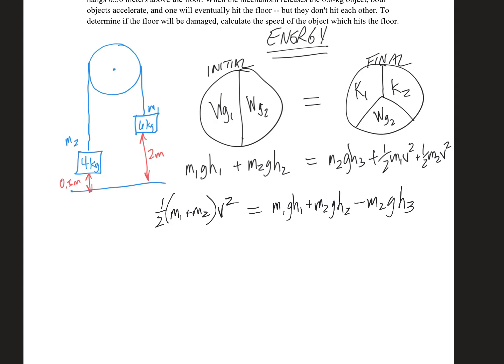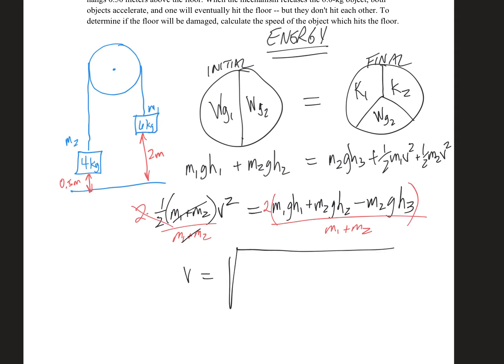We can multiply everything by that, and that'll kill the 2's. We can divide that away, and that'll mean that my v squared, or I could just go for the square root, I guess, of all that.